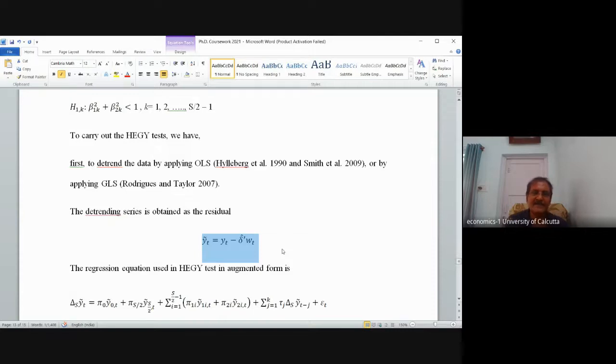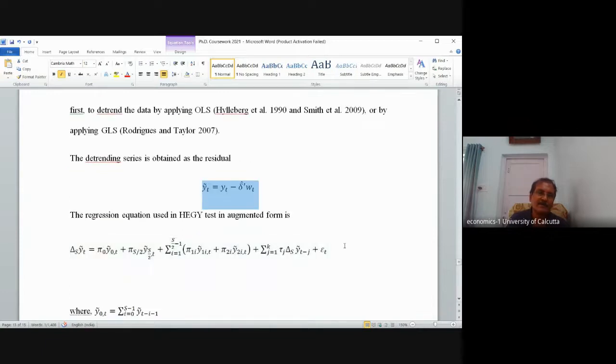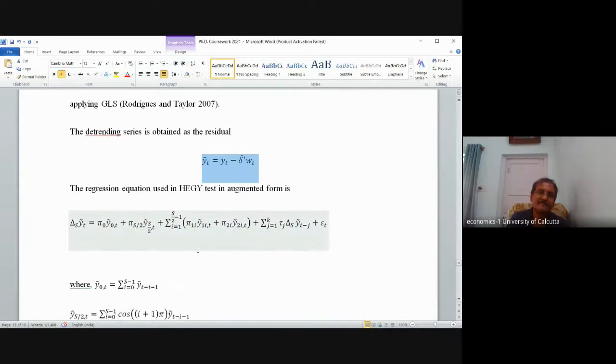So after detrending, you need to estimate this augmented form. Delta S YT tilde.